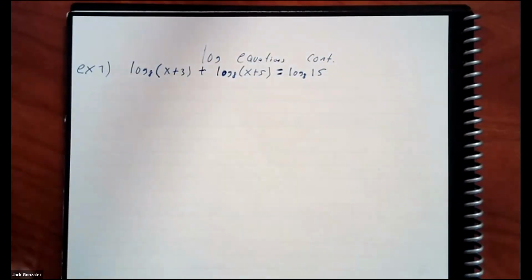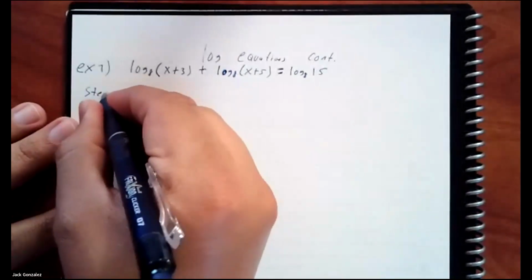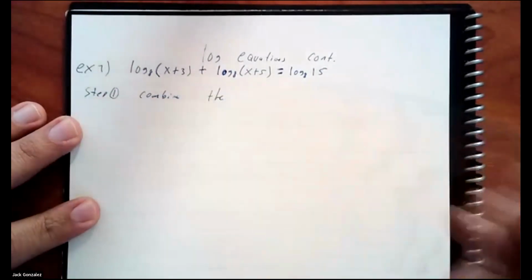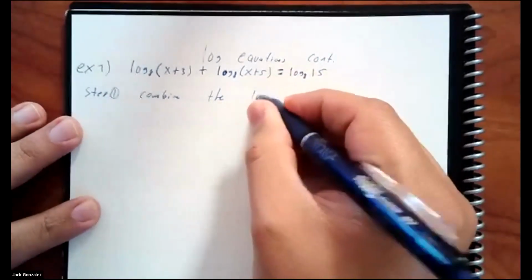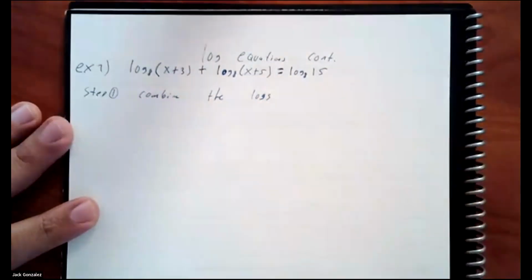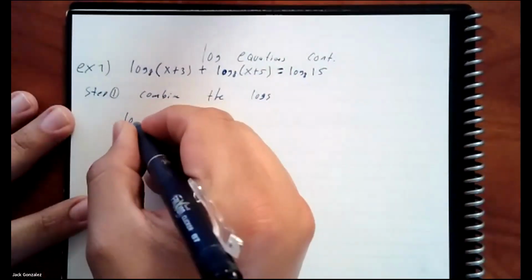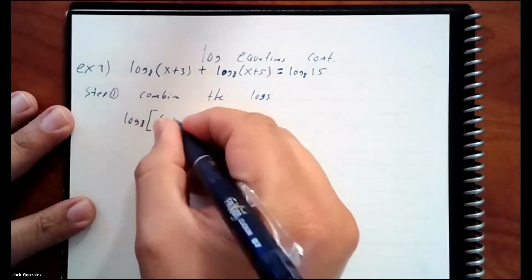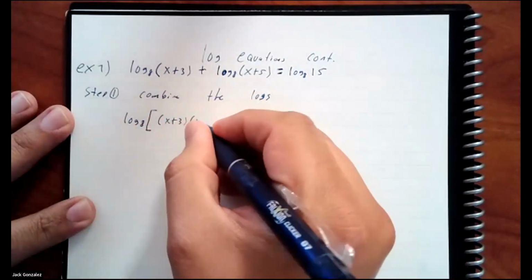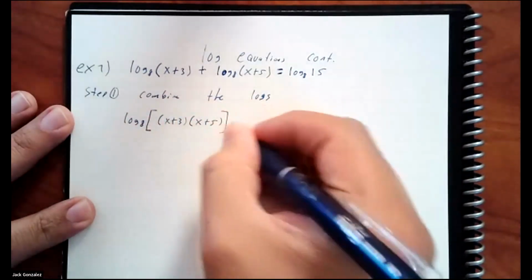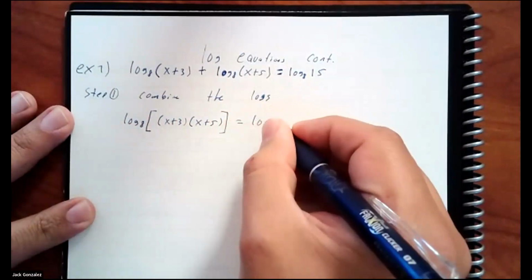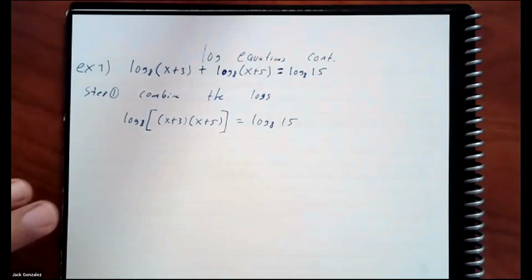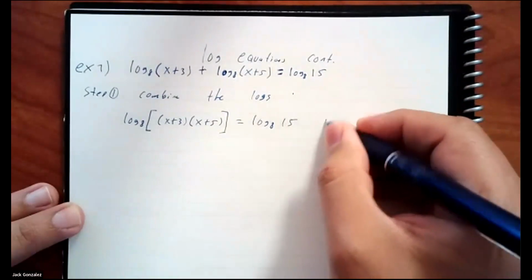All right. So step 1. Combine the logs. So this will be similar to the last example. So this was product rule.